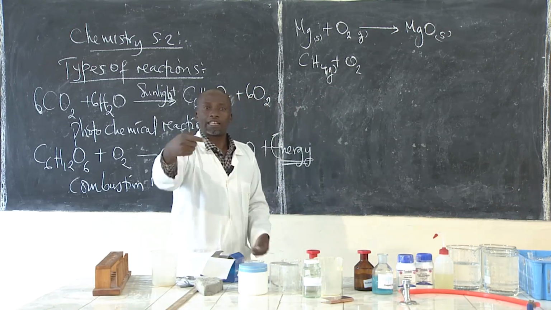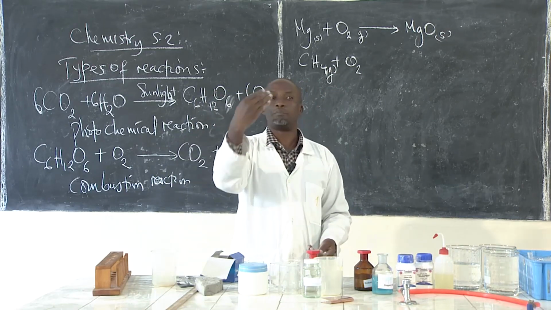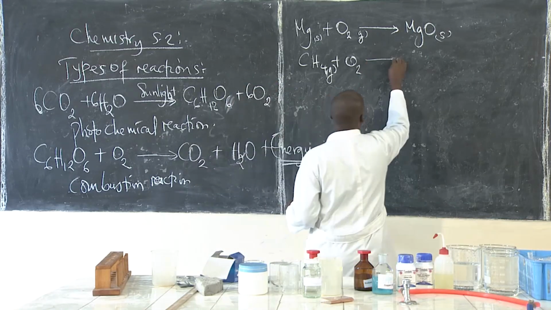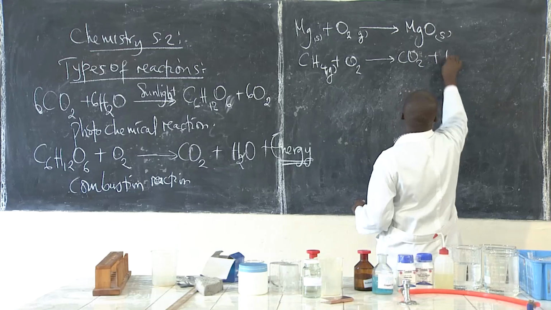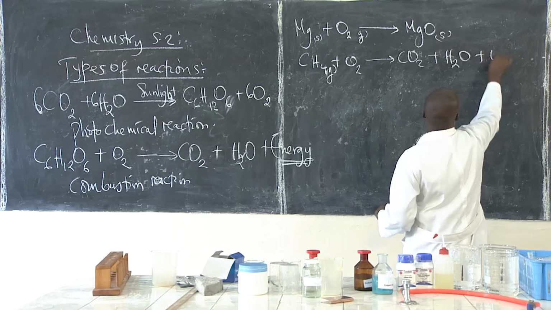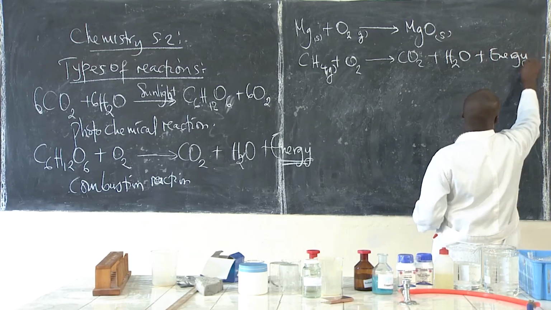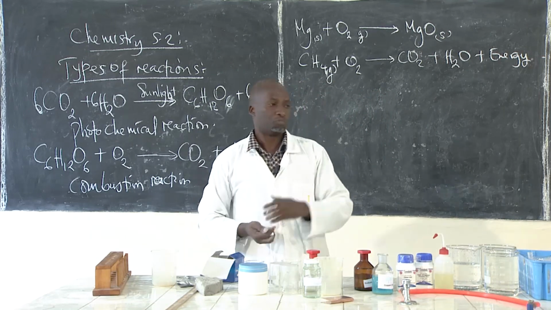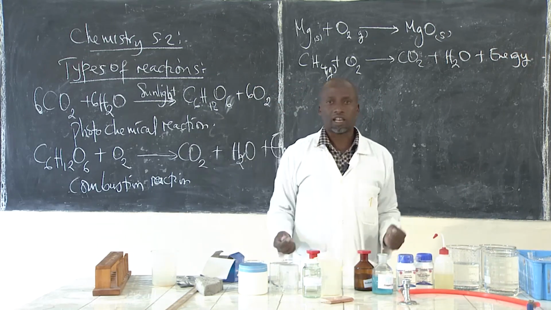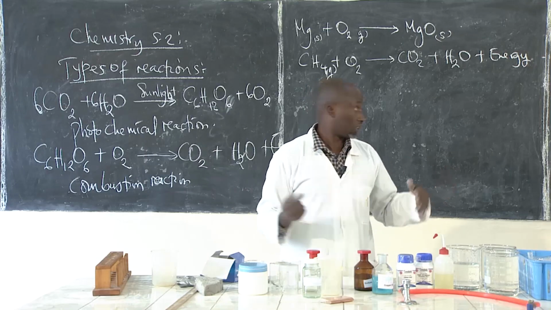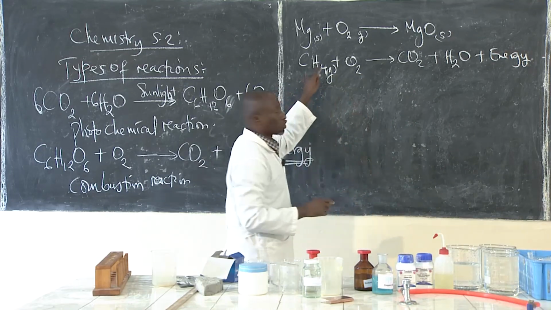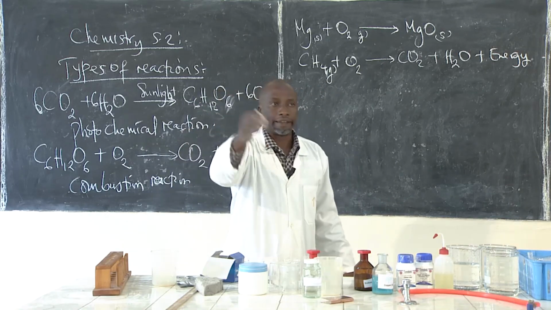It reacts with oxygen, so it burns with oxygen, and then produces carbon dioxide and water, plus the energy that is produced in form of heat for cooking food, boiling water, and other activities in our homes. So it is very important to remember this reaction. So this is also a combustion reaction.